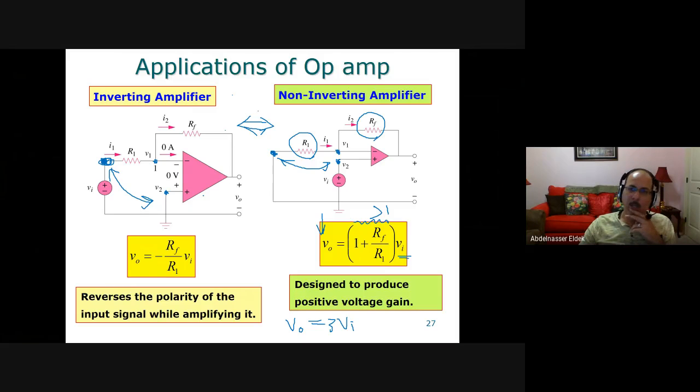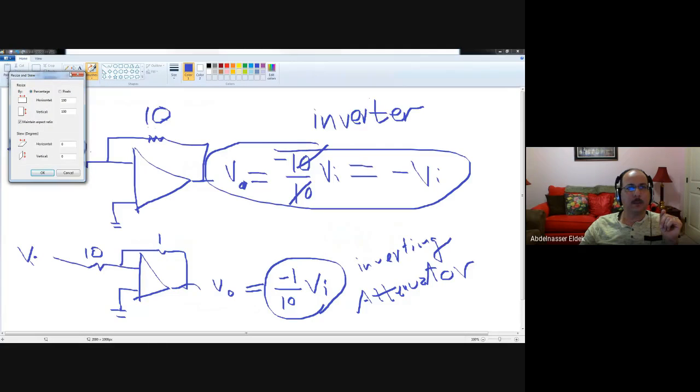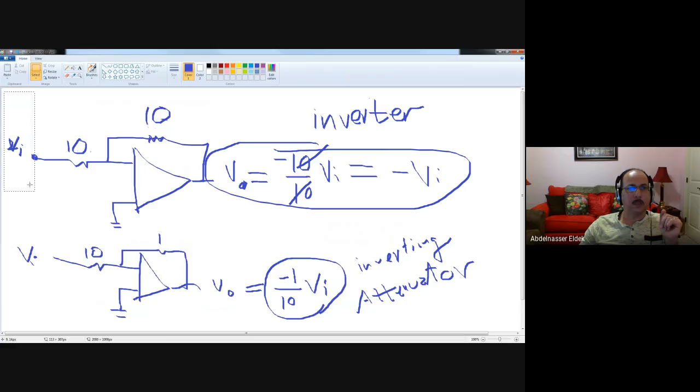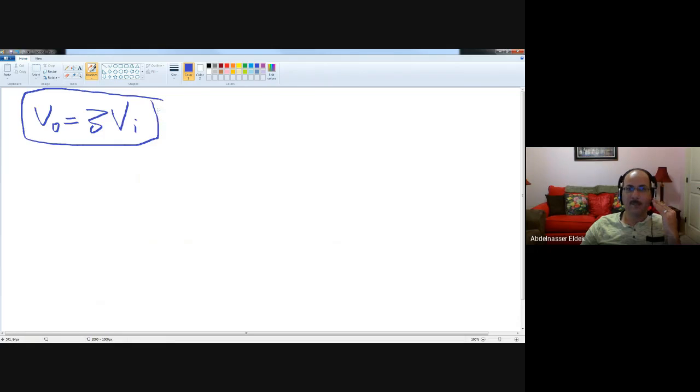Okay. So now let us see, for example, if I said design a circuit, let us erase this. Sorry. If I said I want VO to be 3 times VI, like I explained before, then of course you have to select a non-inverting amplifier. And for the non-inverting amplifier, the relation is known here.